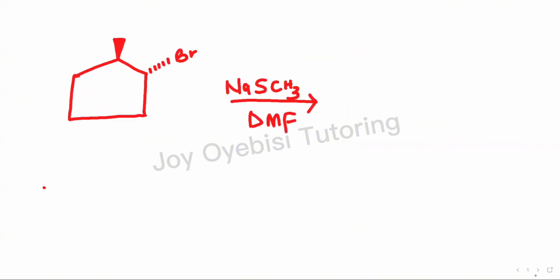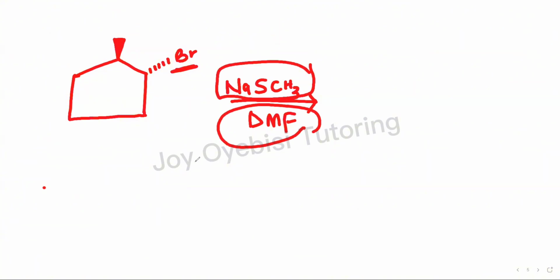Now, this is another example. Here we have the substrate, and then we have the leaving group, we have the nucleophile, and this is our polar aprotic solvent. So everything here leads us to an SN2 reaction. We have a polar aprotic solvent, we have a strong nucleophile.